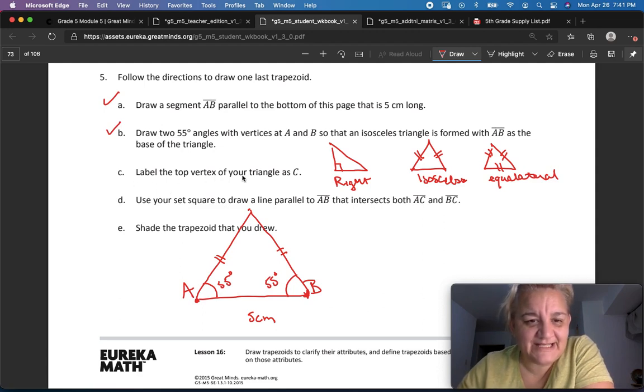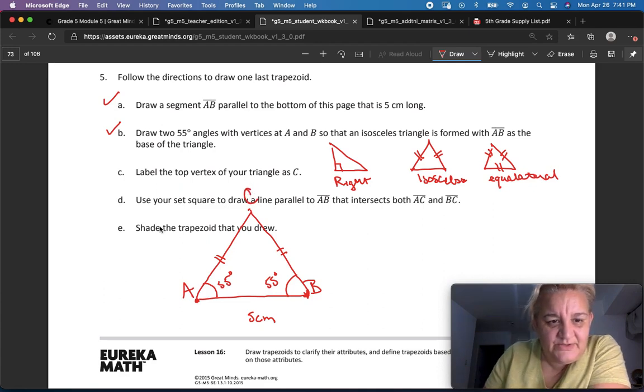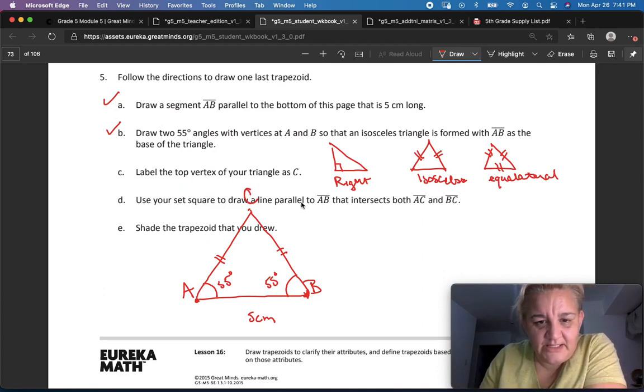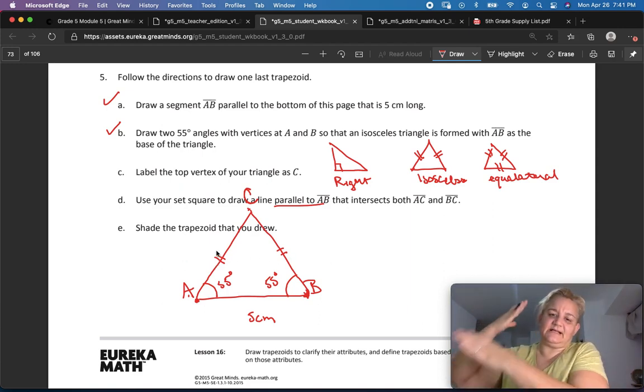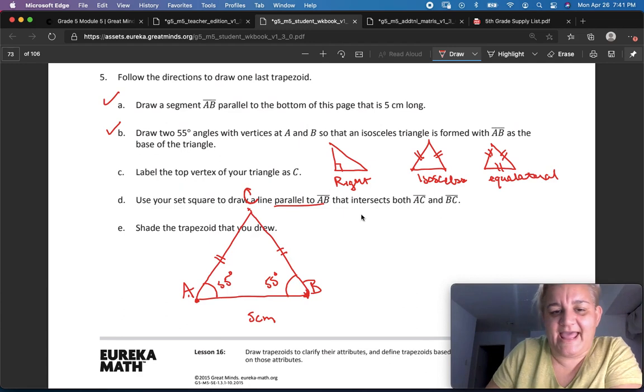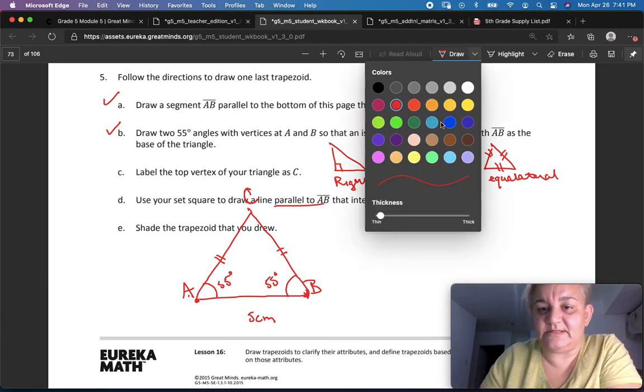Label the top vertex of your triangle as C, so there's C. Use your set square to draw a line parallel to A and B that intersects both AC and BC. So we want a parallel line that intersects, means cuts, both AC and BC. And I'm going to use a different color so you can see it.